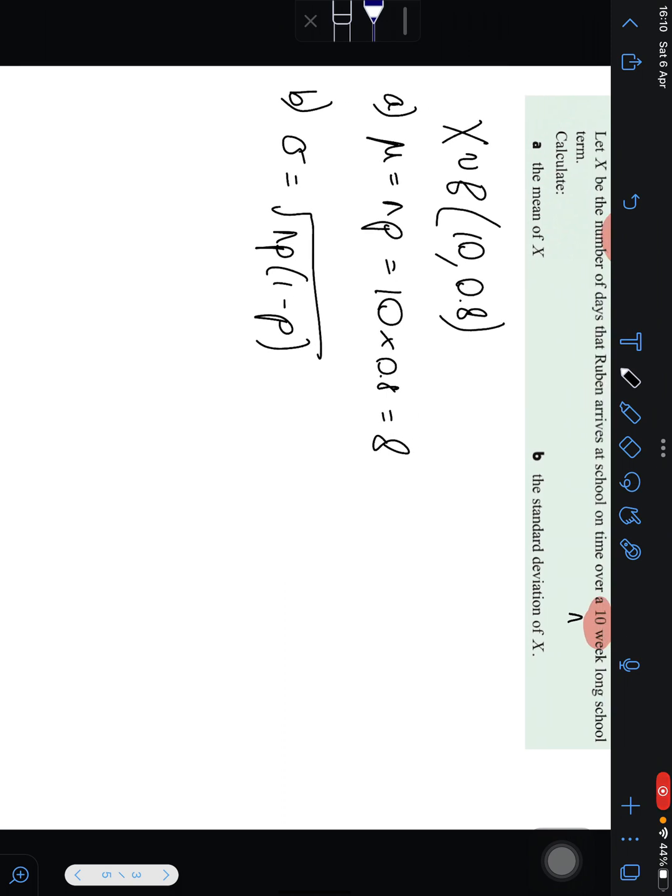np times (1 minus p), and because the standard deviation is just sigma, we don't need sigma squared, and so therefore we square root it. So that's the square root of np, which is 8, times 1 minus p, which is 1 minus 0.8. So 8 times 0.2 is 1.6, and then the square root of 1.6.